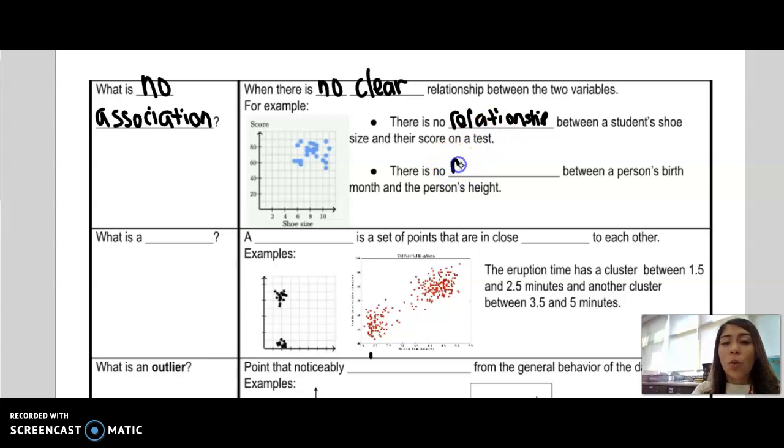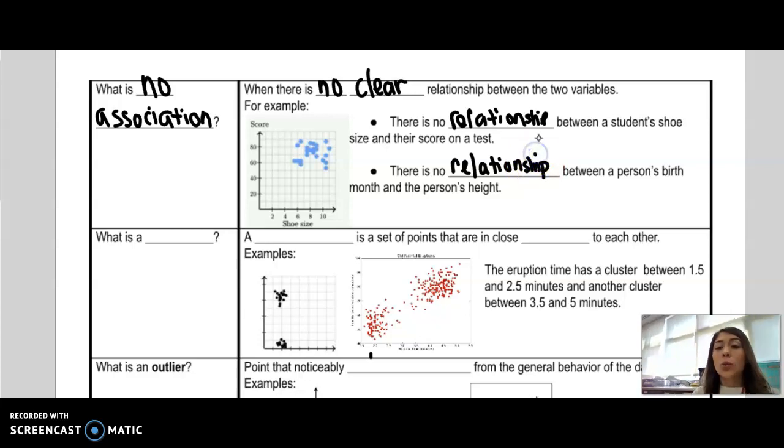There is no relationship between a person's birth month and their height. So if you're born in October, that doesn't mean anything for your height. It doesn't predict anything. So that is why there is no association.